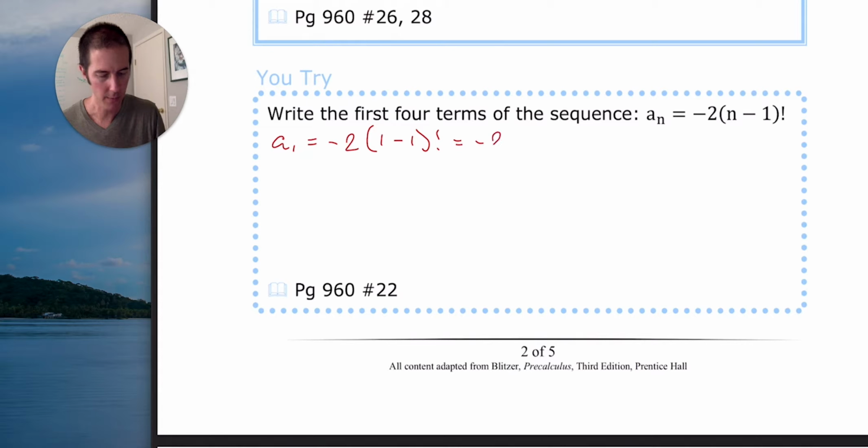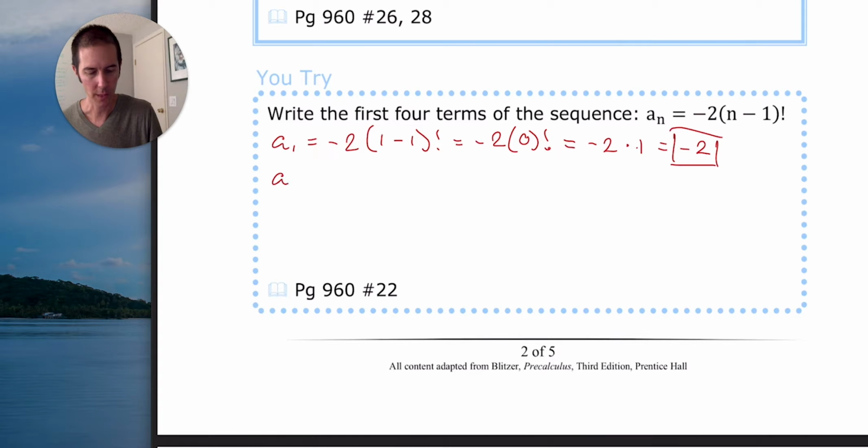So we've got negative 2 times 0 factorial. And what is 0 factorial? On the very first page of our notes, we saw that it's defined as 1. So here's an instance where we do need to know that 0 factorial equals 1, and our first term in our sequence is negative 2.